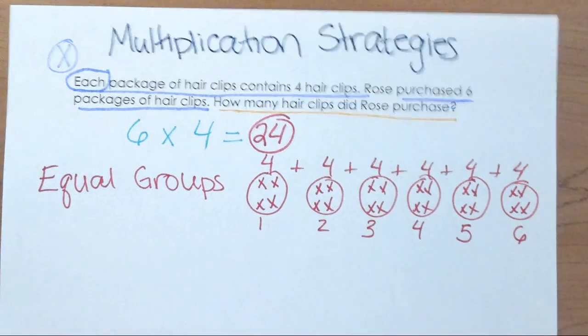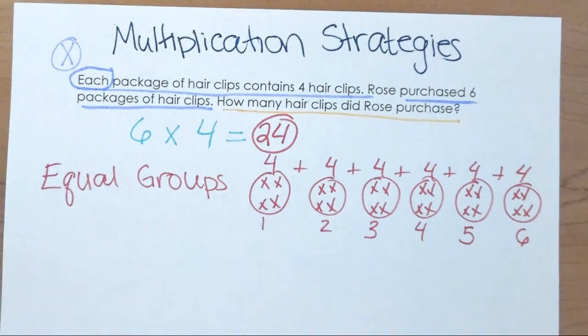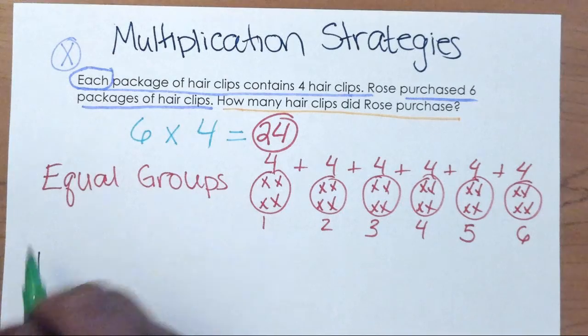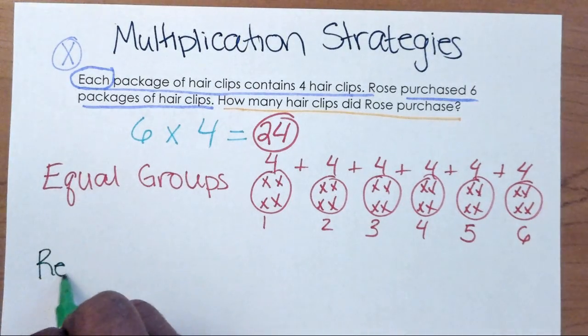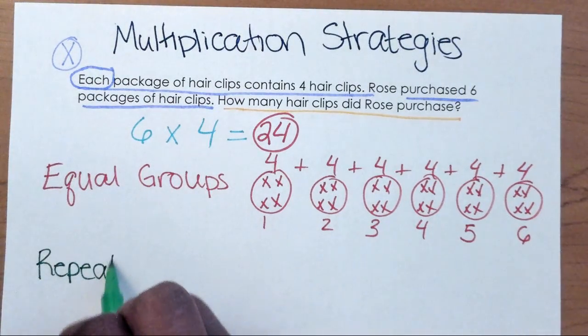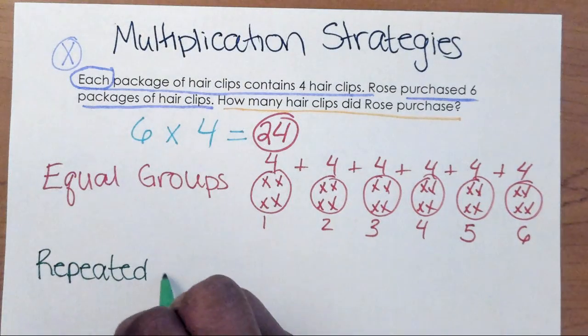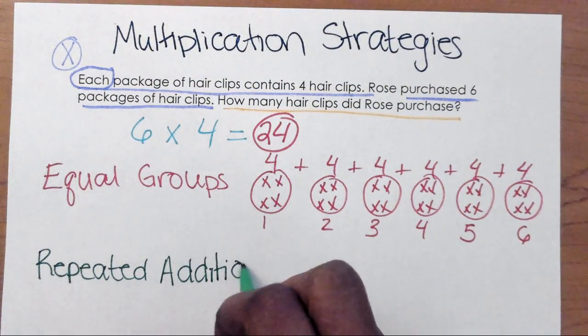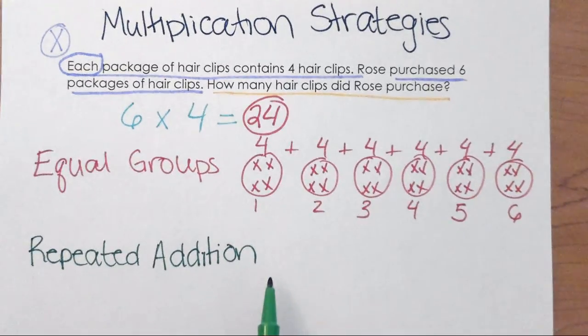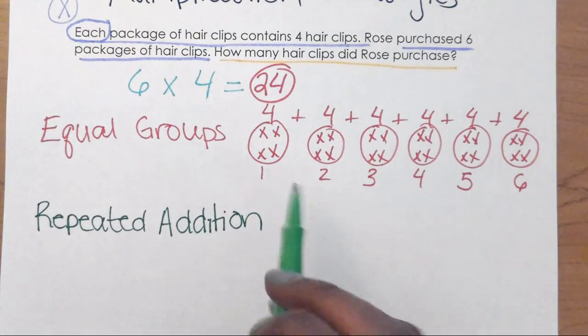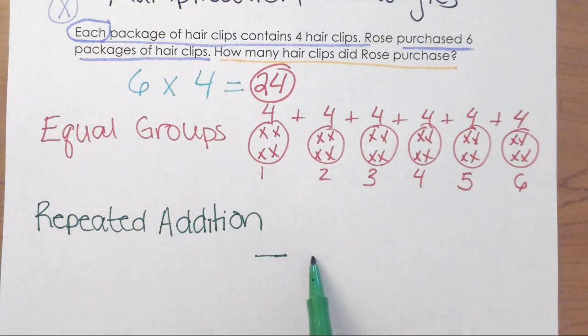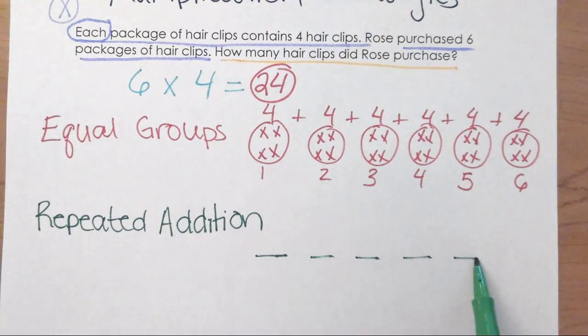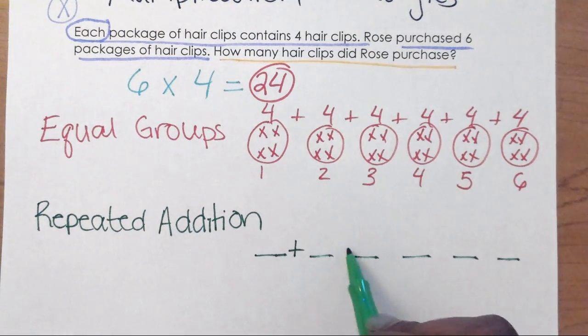The next strategy that I'm going to show you is repeated addition. Which is similar to how we just added our equal groups. With repeated addition, I have taught the kids to make their groups. So 1, 2, 3, 4, 5, 6 equal groups.